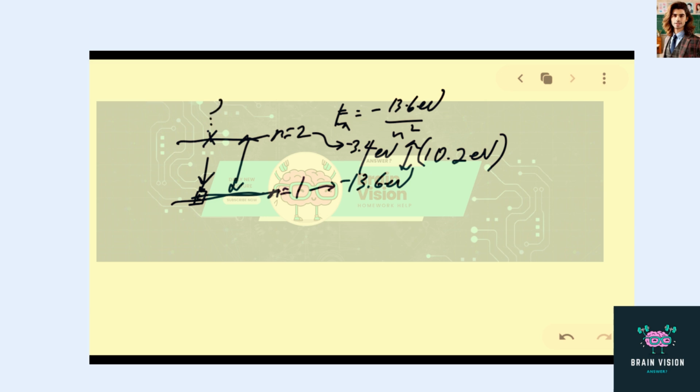Only a few of the hydrogen atoms would be in the n equals 2 state, but that is enough for these electrons to exhibit much more kinetic energy, because it will only take 3.4 eV to ionize the atom if it were in the n equals 2 state.